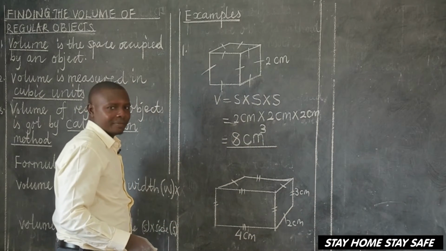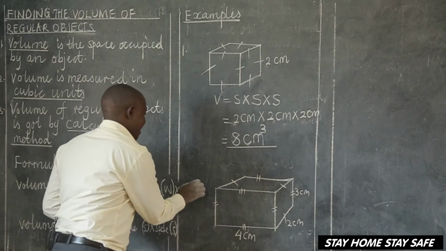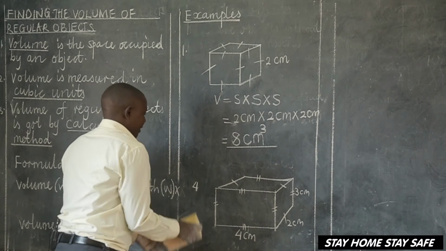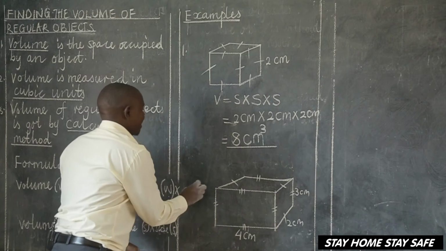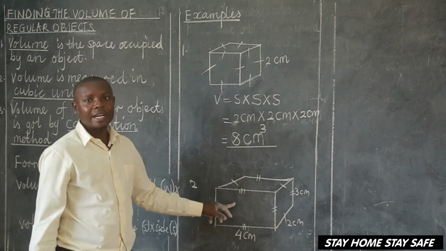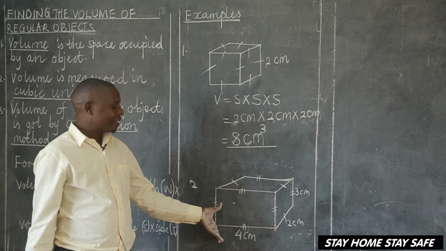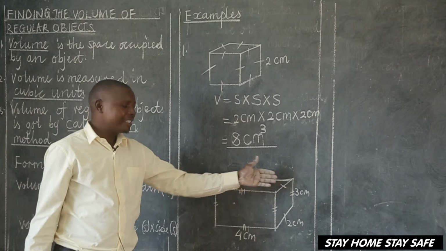Now we look at another one, and the one they have given us is this time a cuboid. Why do I say a cuboid? It has different sizes.